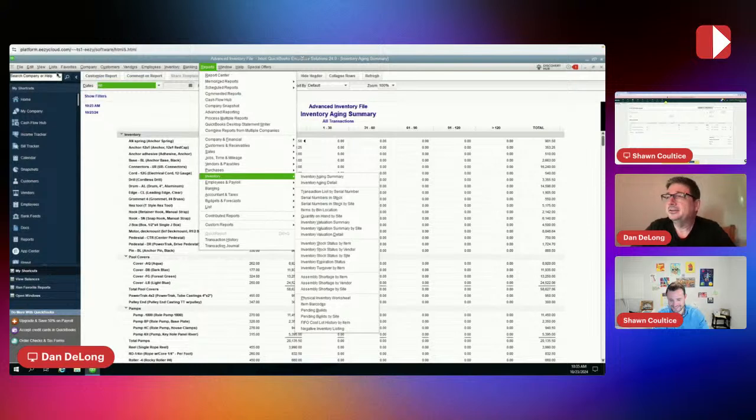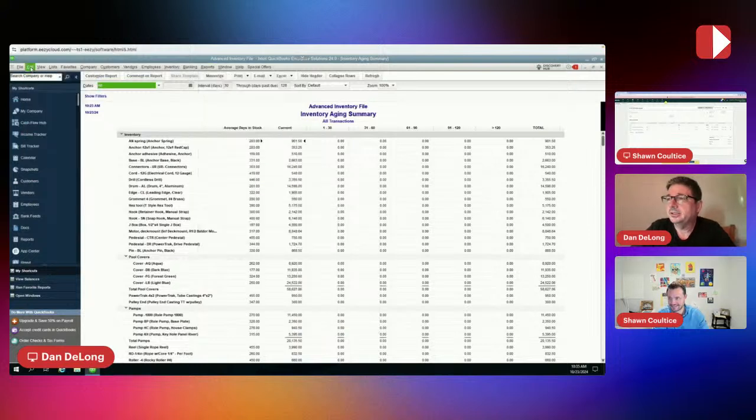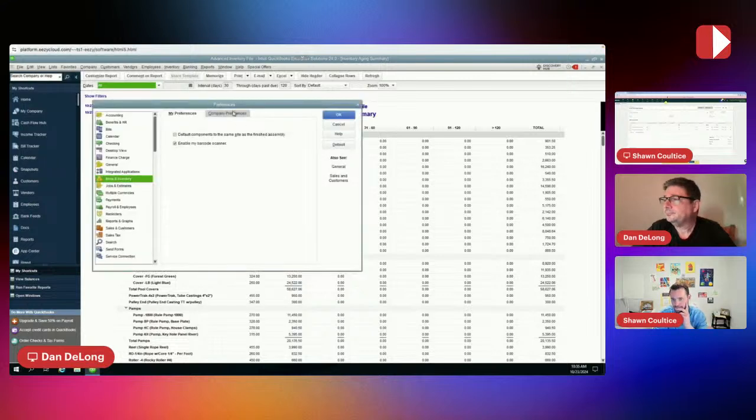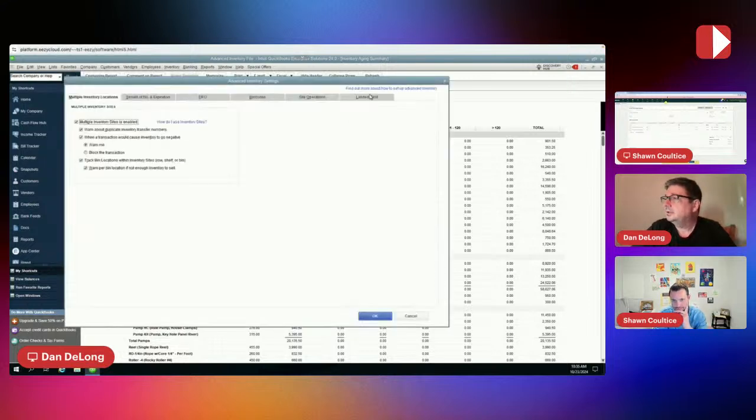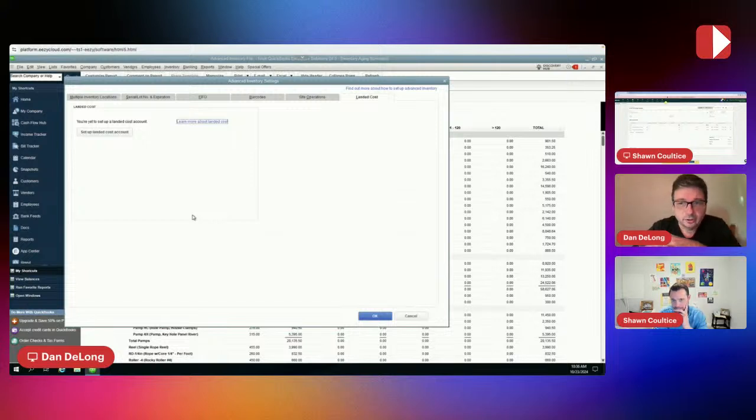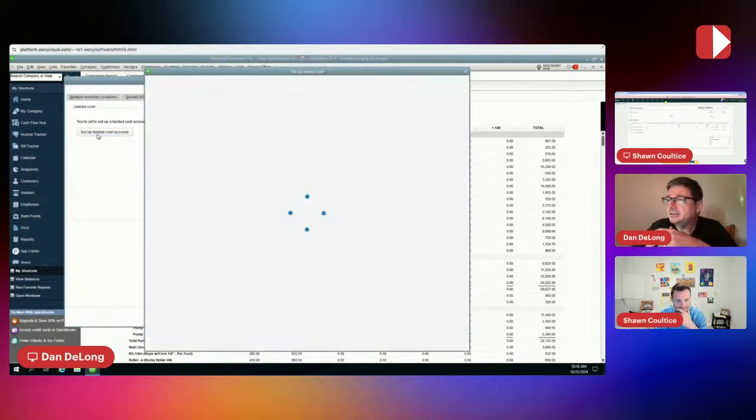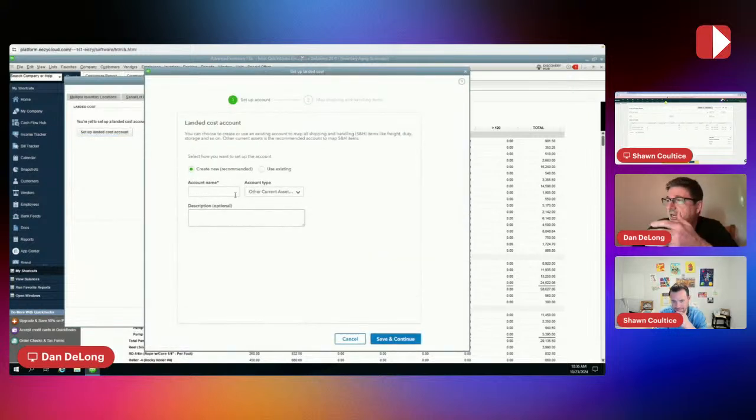That's good. So here's QuickBooks. When we go into the advanced inventory settings, again, it seems harmless enough. The landed cost tab, you would just really be setting up that landed cost. First, you got to sign in, and then once you do that, you can use an existing account, right?